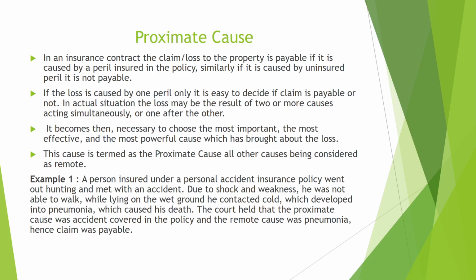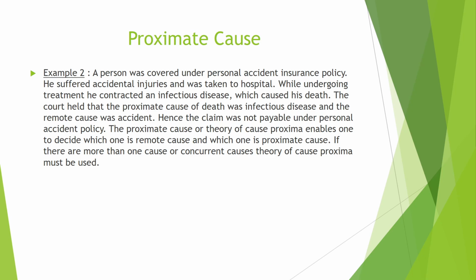The court held that the proximate cause was the accident covered in the policy and the remote cause was pneumonia, hence the claim was payable. This may be the case, and proximate cause will apply here. One more example I have written here. You can read it for your understanding.